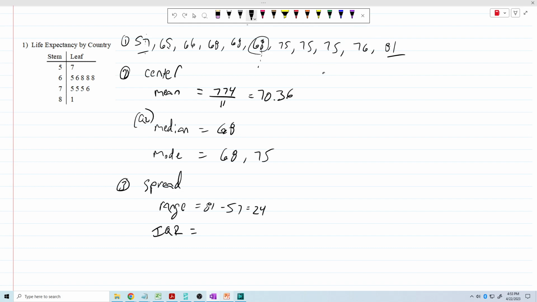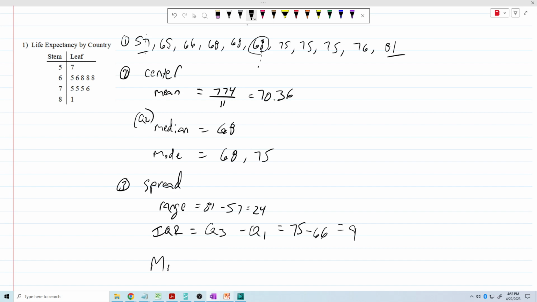That's the middle of the upper half. So I'll do my Q3 minus Q1, and Q3 was 75, and Q1, right, that's the middle of those. Q1 is 66. So our interquartile range is 9.